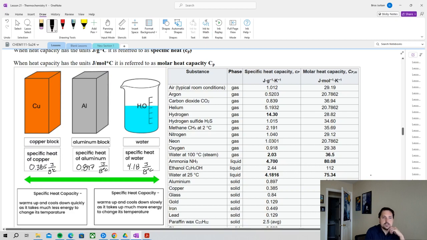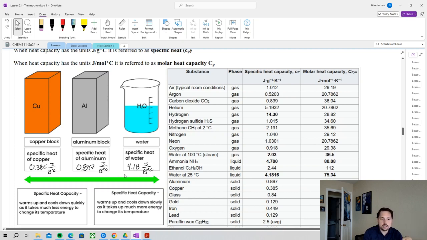And what this is referring to is the amount of energy that's required to increase 1 gram of a substance 1 degree Celsius. What this basically means is a substance that has a low value is easily heated, and a substance that has a high value takes more energy to heat. So it's going to warm up slower, but it also cools down more slowly.